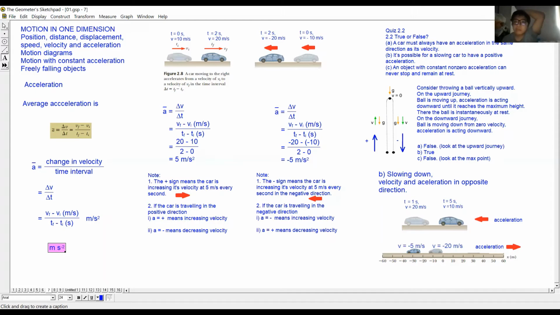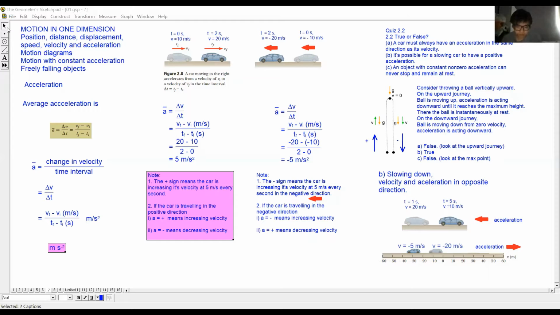Never mind. Now let us analyze the motion of this car. The positive sign means the car is increasing its velocity at 5 meter per second for every second.